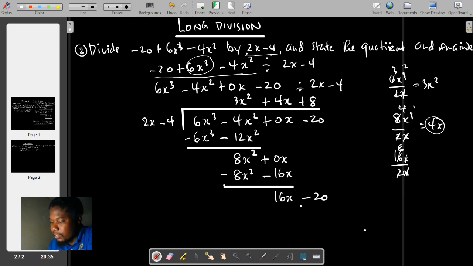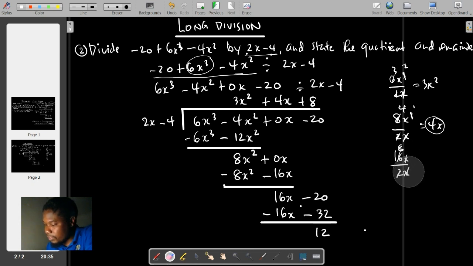So plus 8. 8 times 2x, we get 16x. 8 times negative 4, we get negative 32. So that we subtract. 16x minus 16x is 0, and then negative 20 minus negative 32, which becomes a plus, is negative 20 plus 32. We end up getting positive 12. Can you see that? So that's the remainder from dividing 2x minus 4 into that dividend.